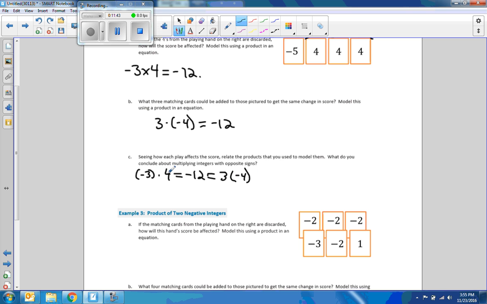So here we have negative 3 times positive 4, which is negative 12. And now we have 3 times negative 4, which is also equal to negative 12. So negative 3 times 4 is equal to 3 times negative 4.